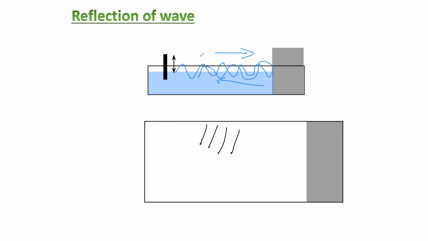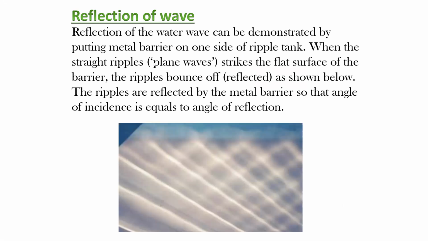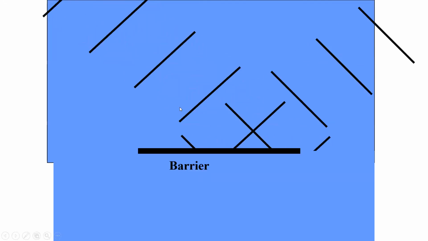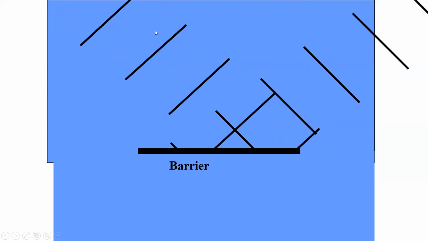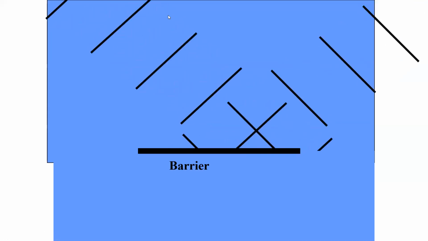When these wavefronts strike the surface, they will bounce back, and we call this reflection. The property of the wave to change direction when it strikes the surface refers to the reflection of the wave. You can see there's a barrier, and these are the wave fronts striking the surface, and after striking, they change direction and bounce back.